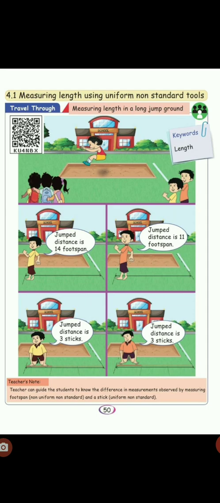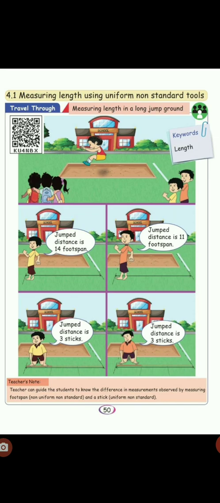There is a difference. You know why, children? The first boy would have measured with a long foot and the second boy with a short foot. So there is a difference in their measurements.